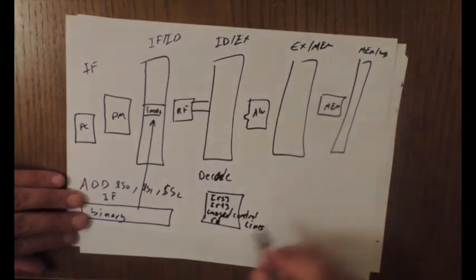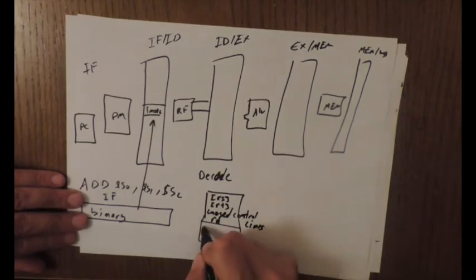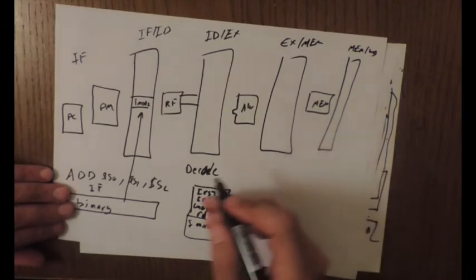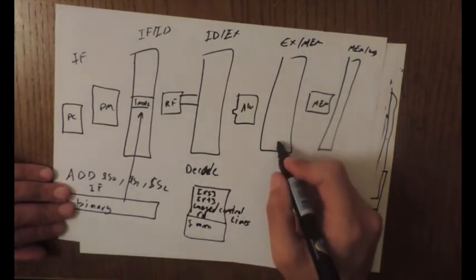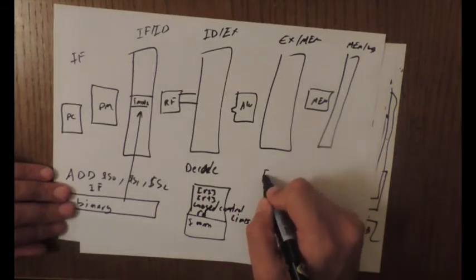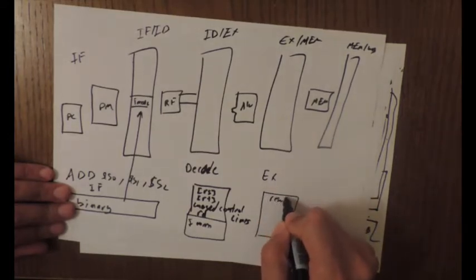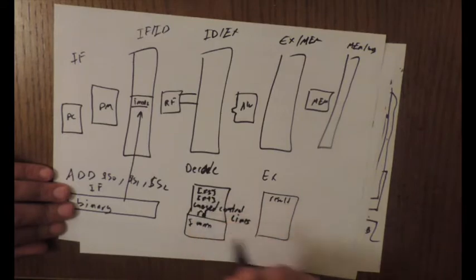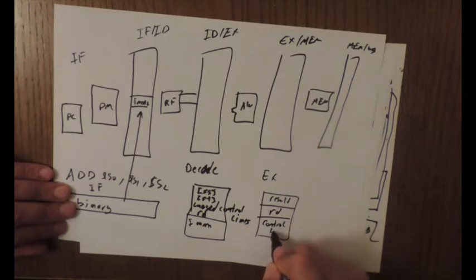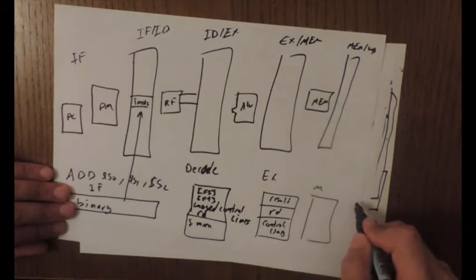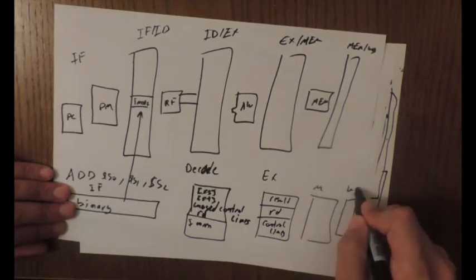With the ALU, of course, it has the immediate and other lines. At the execute stage, okay, now I have the result. I have used RS and RT, I don't need them anymore. I need, of course, RD and the control lines. Same in memory and same in write back.